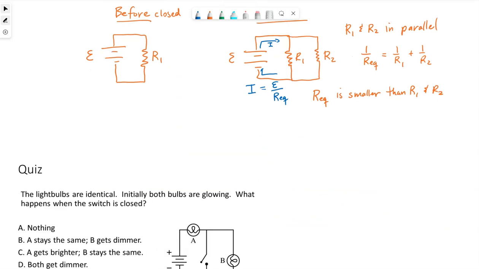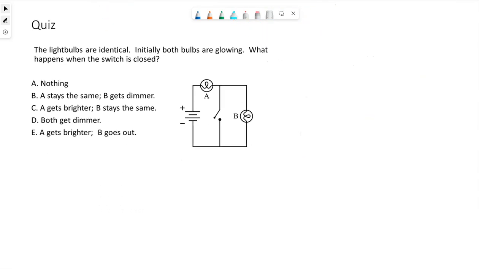Okay, next question. The correct answer here is E. Again, it has to do with the change in overall resistance, equivalent resistance in the circuit.